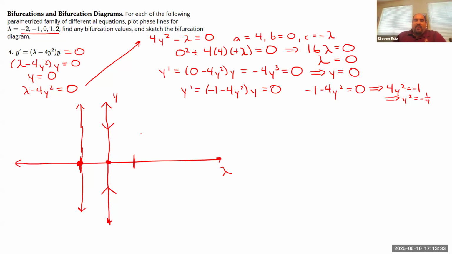I'll check just this once, but it really should be the case that if I test some y value, say a negative y value, let's test -1. I'm doing a lot of assuming. Let's take this slower. So what if I plug in -1 to my differential equation?